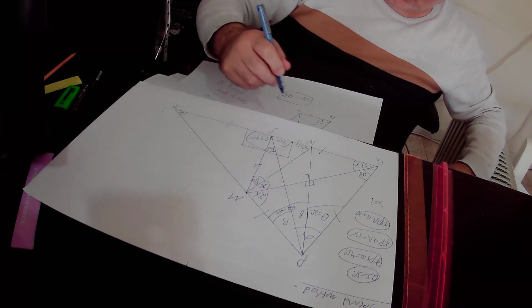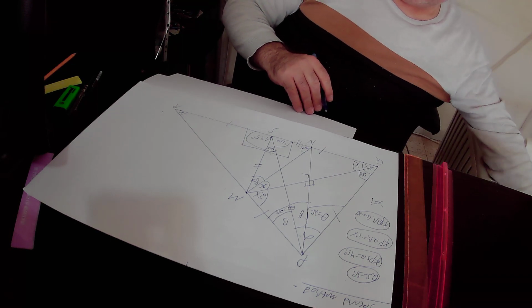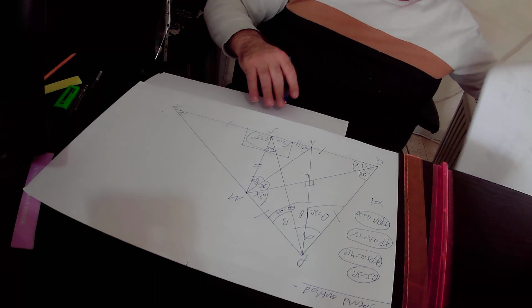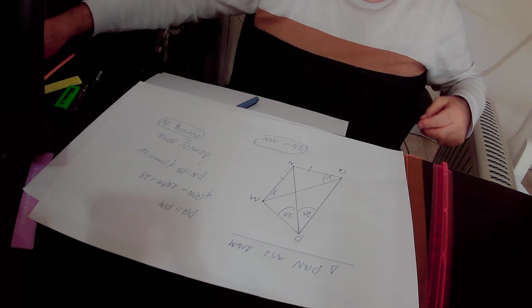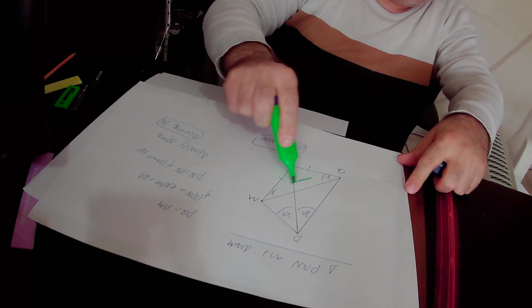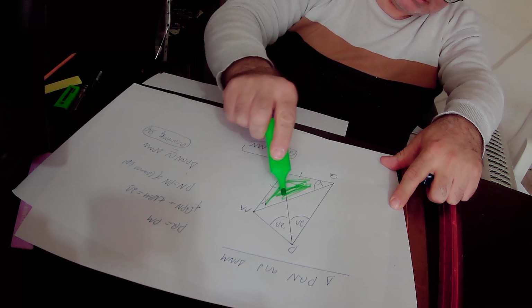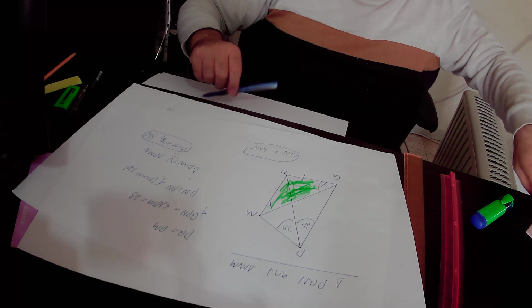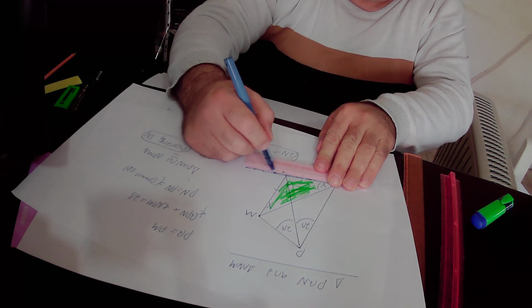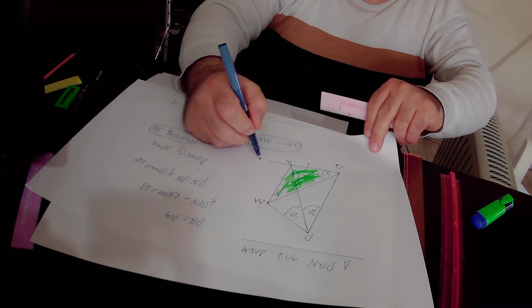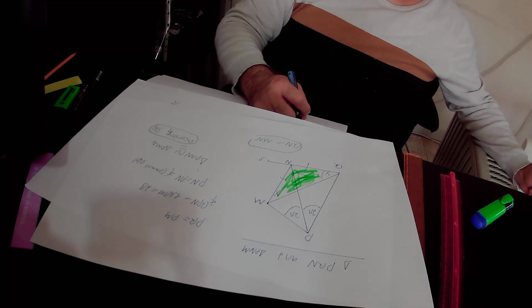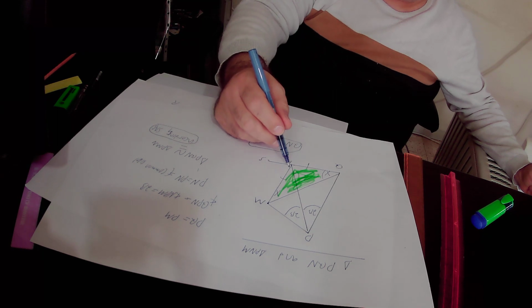Okay? This angle equals x. And you can see that if we focus on the green triangle, triangle QMN, the exterior angle, angle MNS, according to rule number 4, equals the sum of the two angles that are not adjacent to it.